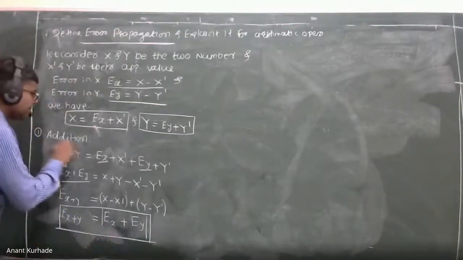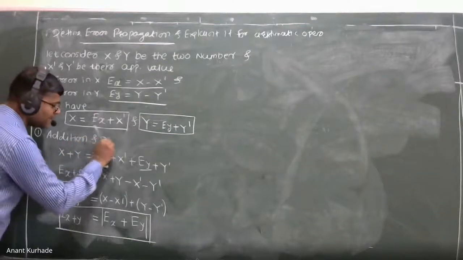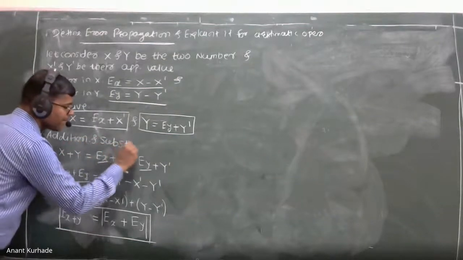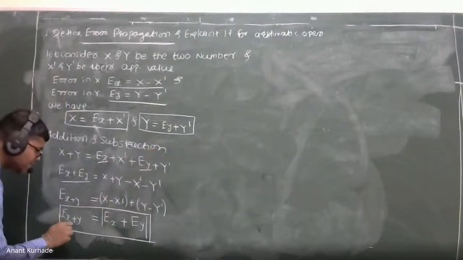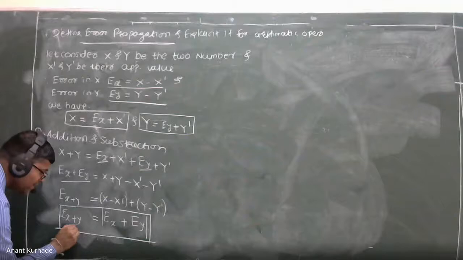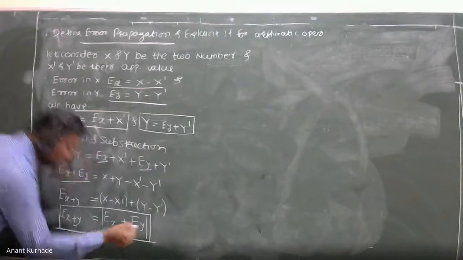Now again here you can get subtraction. How can you write this? You can put x plus y, and here put only plus minus.